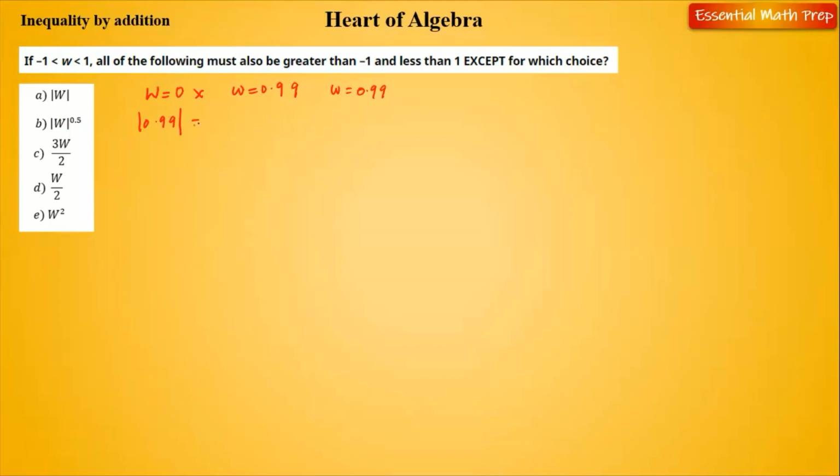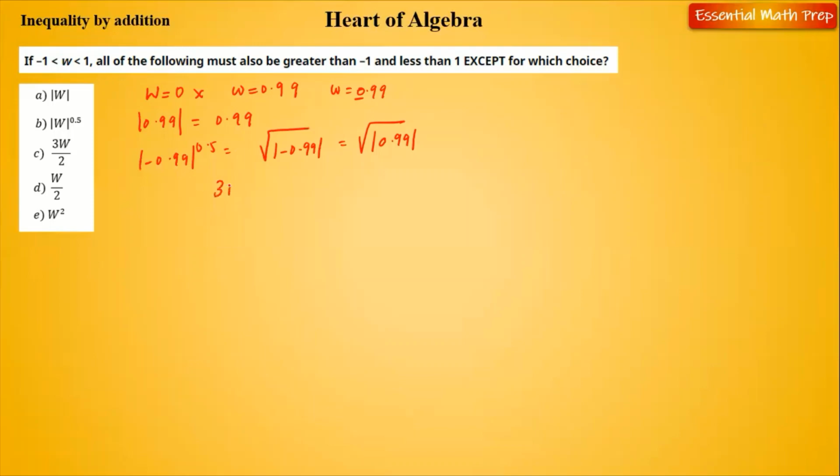It's going to be 0.99, right? Or you can choose, for B, -0.99 to the power 0.5, which is the same as the square root of -0.99, which is the same as writing the square root of 0.99 because it's an absolute. So it's still going to give you a value that's less than 1.